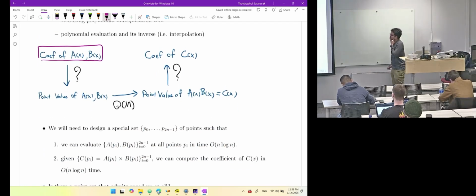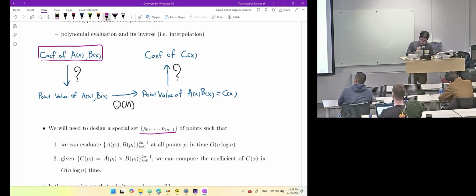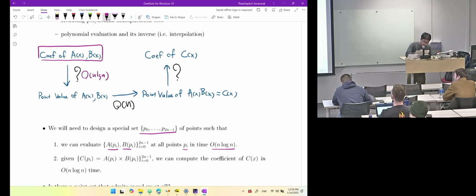So all we need to do is design a special point set so that you can evaluate A and B at this point set Pi in time n log n, and then do the reverse: given the point set evaluation of C at this point set, get the coefficients of C. This step is easy.